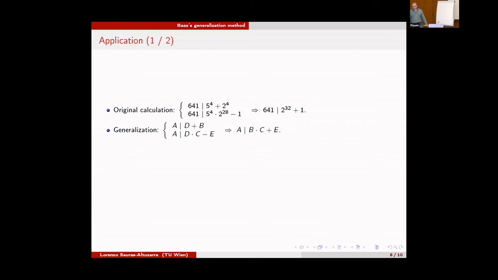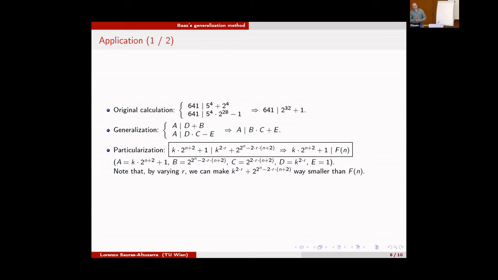And the generalization looks simply like this. Maybe it doesn't tell us too much, but now, using what you have, you search for a concrete instance of the problem that you are originally pursuing.